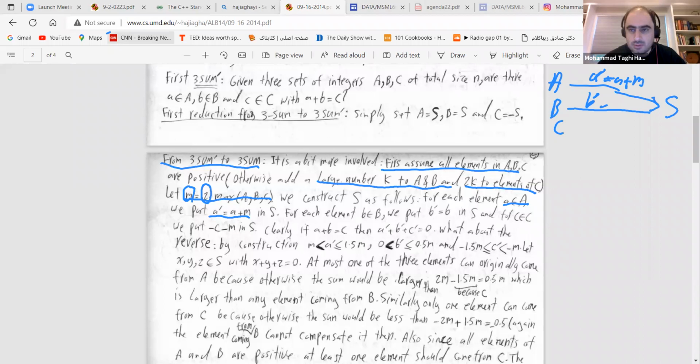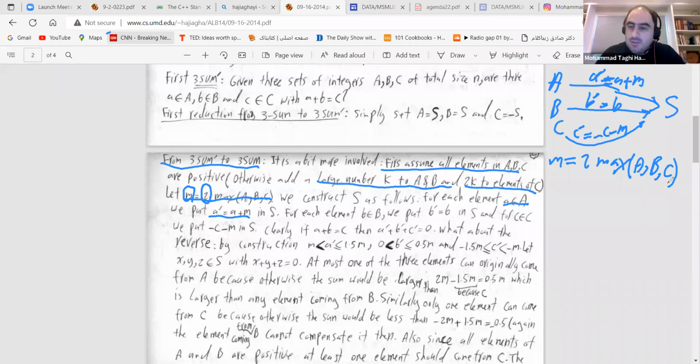So for each B, we put B prime equal to B, and then we put that in S. Finally, for C, we are putting each element C prime, which is equal to minus C minus M. And again, M was this number: 2 times the max of A, B, and C. So these are the elements that we will put in S.